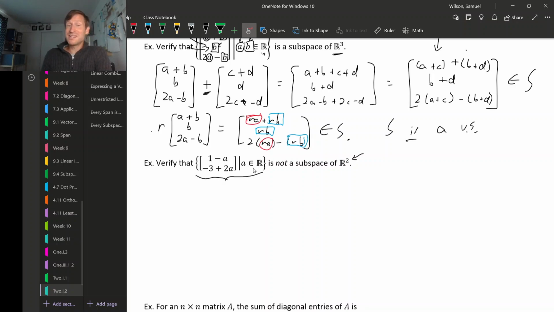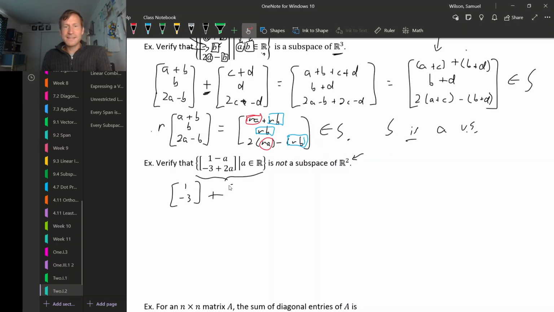We might come up with an example that shows this is not closed under scalar multiplication, or we might demonstrate that the zero vector is not in this subset. That would also demonstrate that this is not a subspace. For this example, as with I think all examples, we'll be able to do any one of those. So just as an example, 1, minus 3 is clearly in this subset.